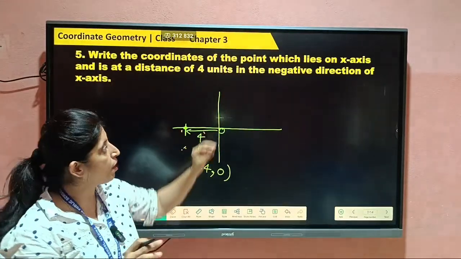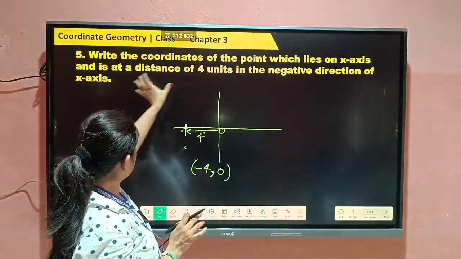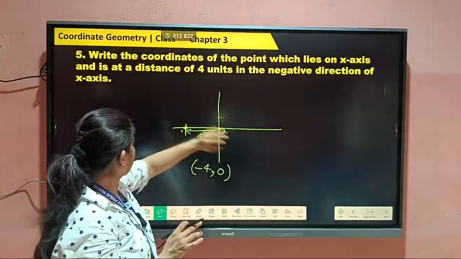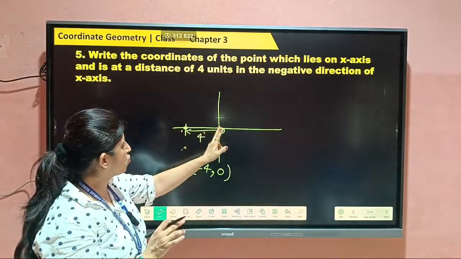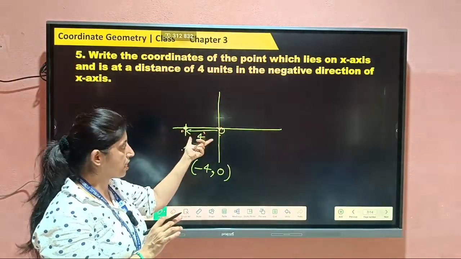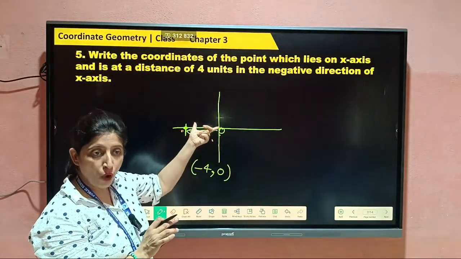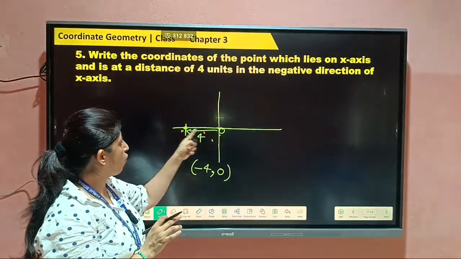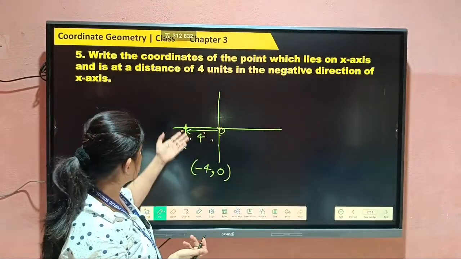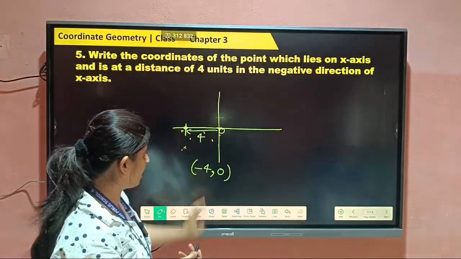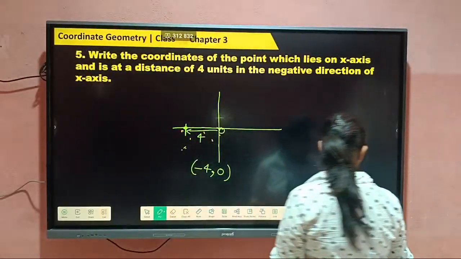But we are talking about the x-axis, so y is 0, and our coordinate is minus 4 and 0, right? The distance of 4 units in the negative direction of the x-axis means this side. So 0 to this is the 4 unit distance. So the point is minus 4 and 0, because on the x-axis y is 0.